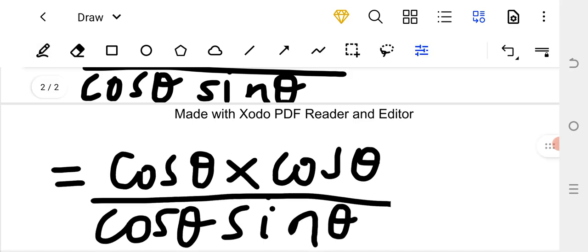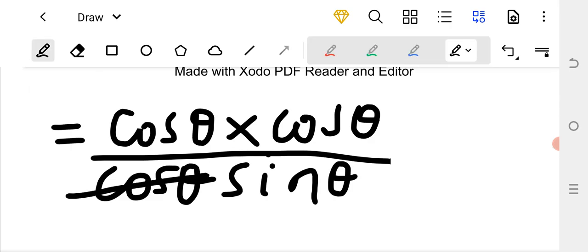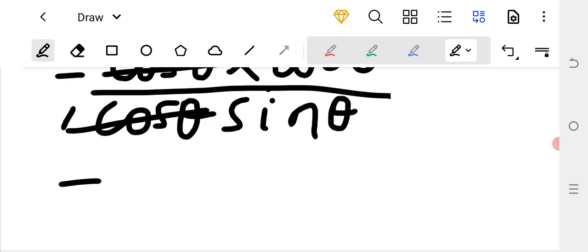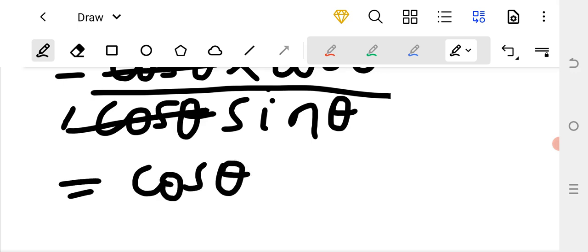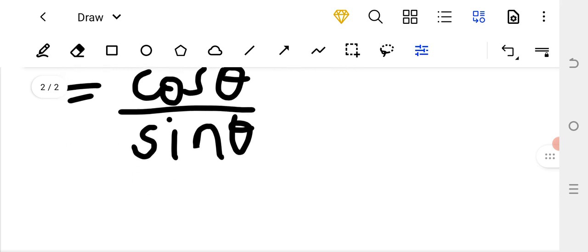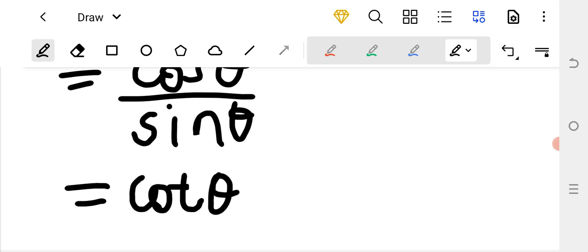As you can see, we can cancel out the cos theta: cos theta into itself will be 1, and cos theta into cos theta will also be 1. Then we're going to remain with cos theta over sine theta. And cos theta over sine theta is the same as cot theta. Cot theta meaning cotangent theta.